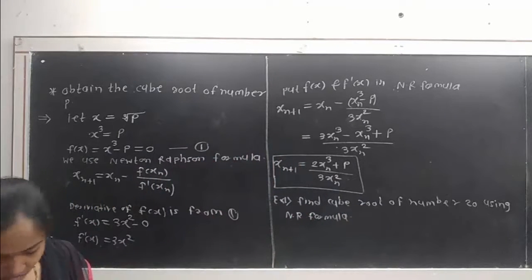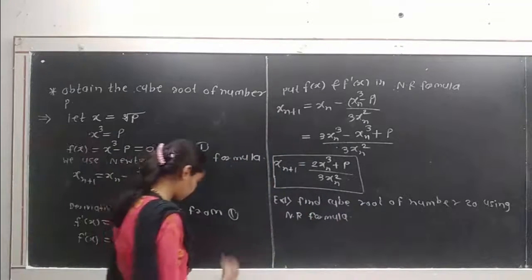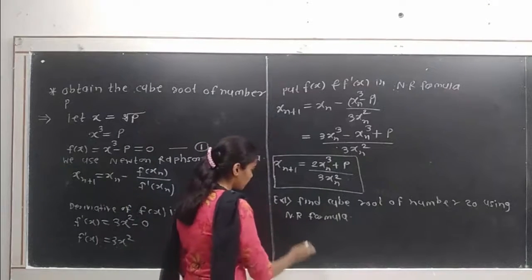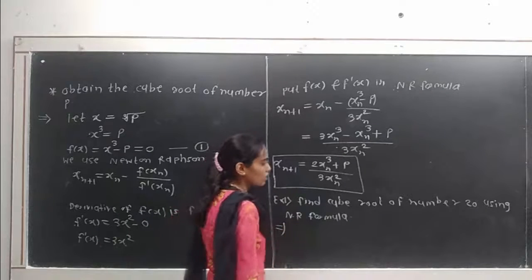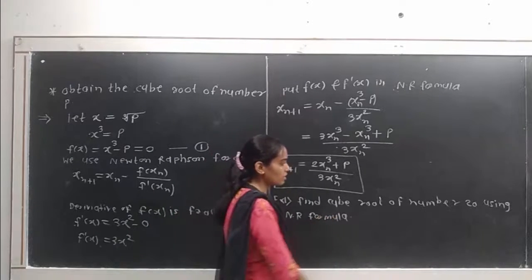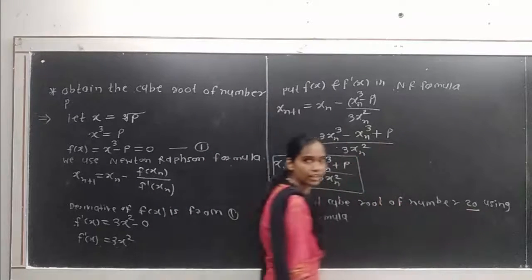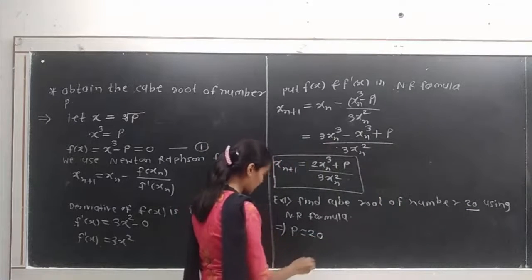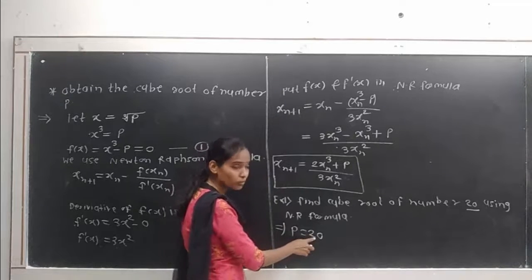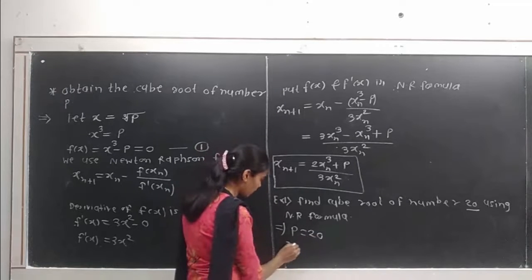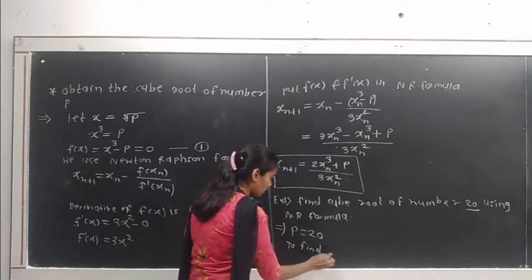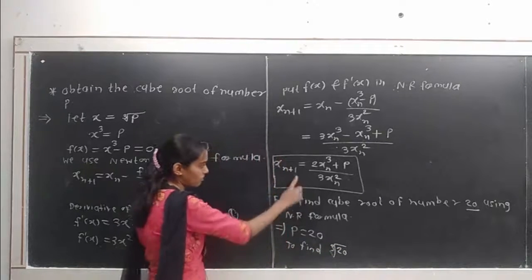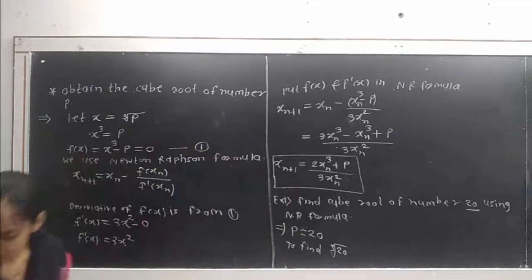Here the number is given, that is 20. That means p is equal to 20 and we have to find the cube root of 20. To find the cube root of 20, we can use this formula.